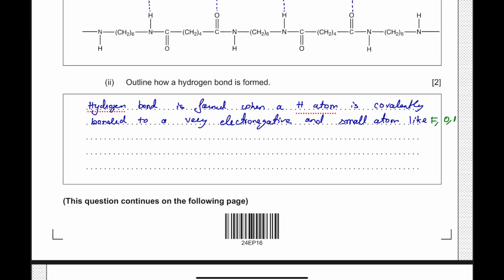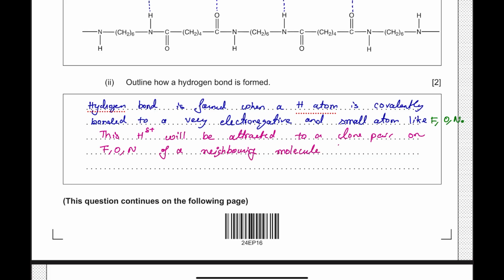This hydrogen containing the partial positive charge will be attracted to a lone pair on, again, fluorine, oxygen, or nitrogen of a neighboring molecule to form the hydrogen bond. That's all about this part 2.